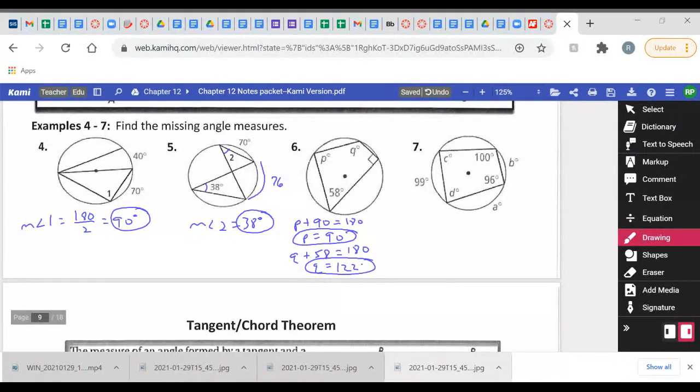again, to get C and D, I could go ahead and use what we just did here. We said that opposite angles of a quadrilateral inscribed in a circle add up to 180. So I know that C plus 96 is equal to 180. So I know that C is 84.